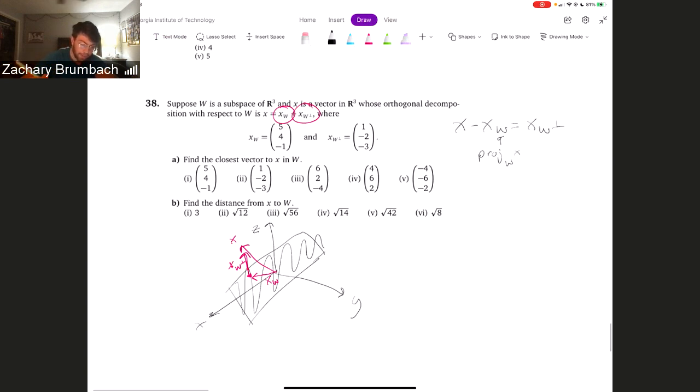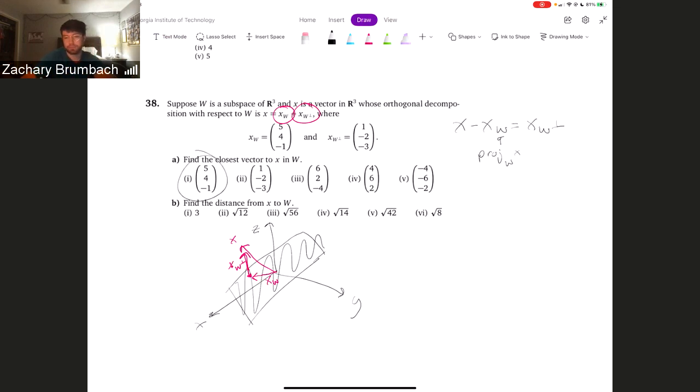But, so, the closest vector to x in W is, by definition, the projection onto it, okay? This is a definition question. This isn't asking for a lot of numbers here. It gives you a lot of numbers, but it is just a definition question, okay? So, what is the closest vector to x in W?